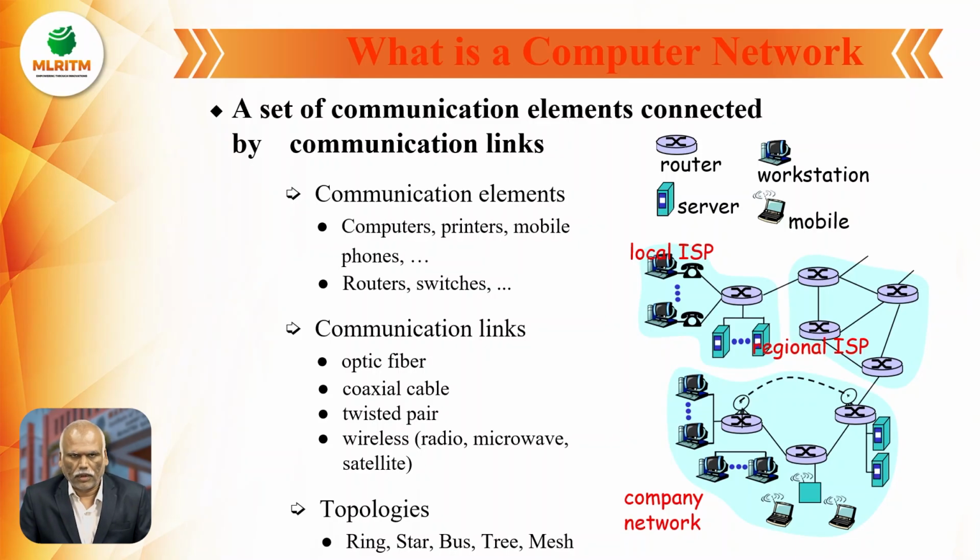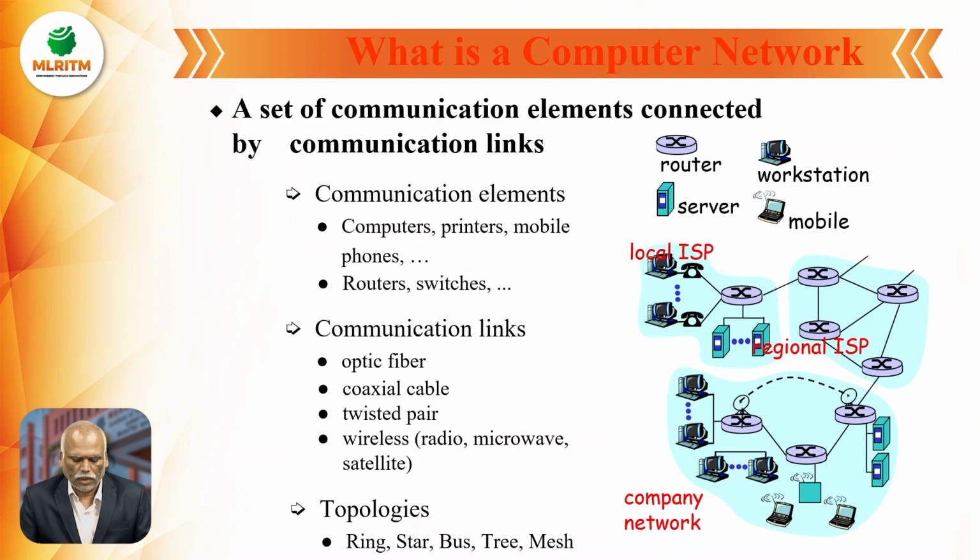Devices like computers, printers, mobile phones, and network devices like routers and switches are part of this communication. Then communication links establish a communication path, a medium between the devices. This is done by using either wired or wireless.